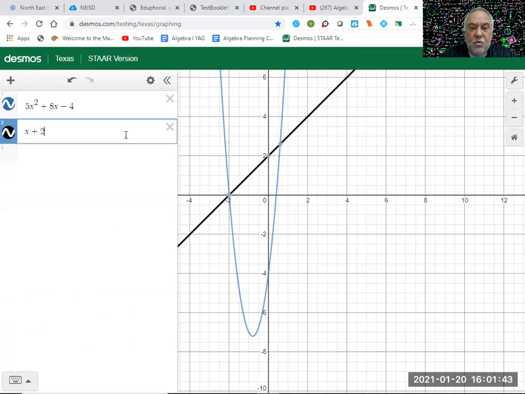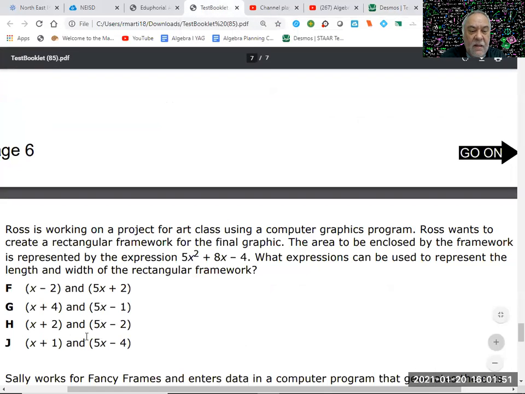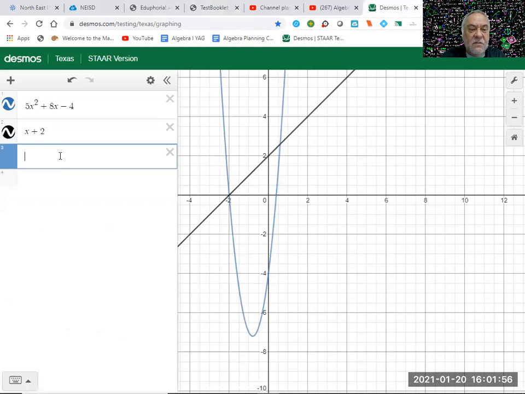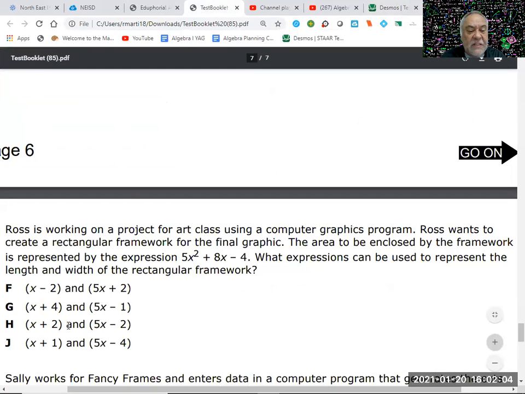That goes through the x-intercept over here. If the other one goes through the other x-intercept, then we're good. So that's x plus 2, 5x minus 2. Let's look at 5x minus 2. It does. It goes right through there. So that means answer choice H is the right answer.